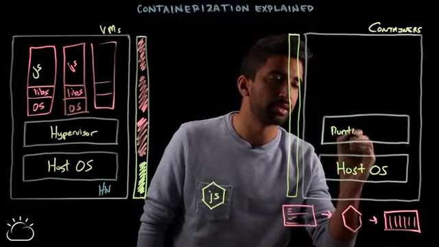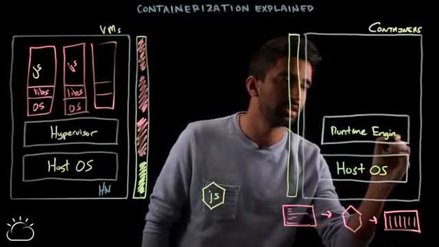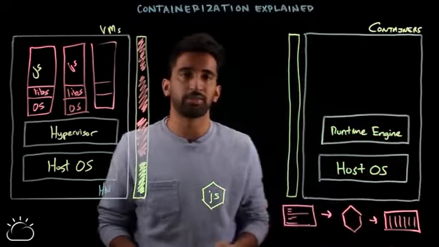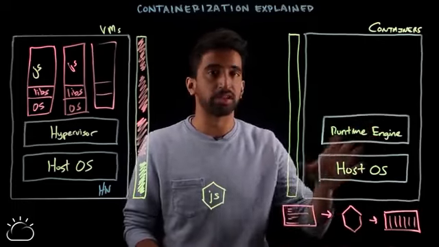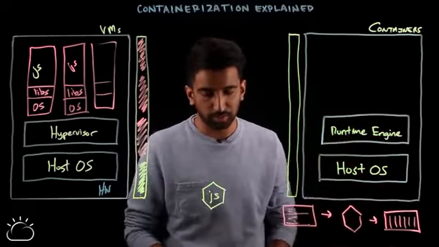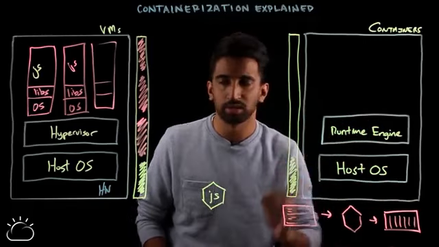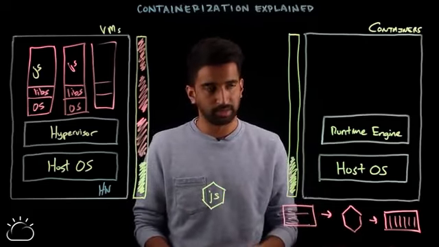So if you're using Docker, this would be the Docker engine. And different containerization technologies would have a different engine. Regardless, it's something that runs those containers. Again, we've got the shared pool of resources, so we can assume that that alone consumes some set of resources.